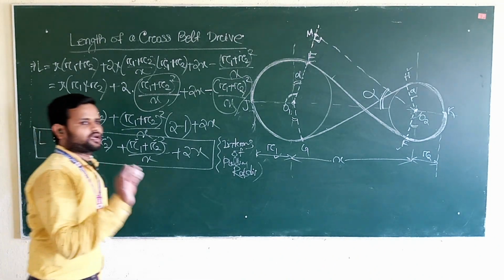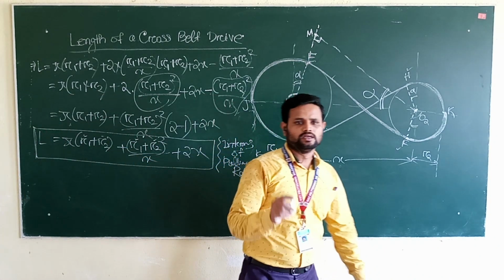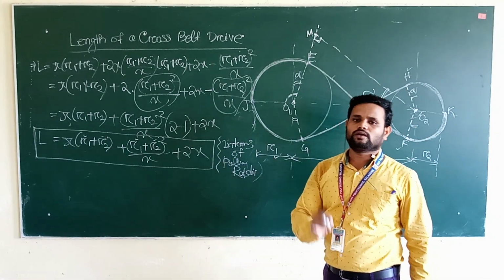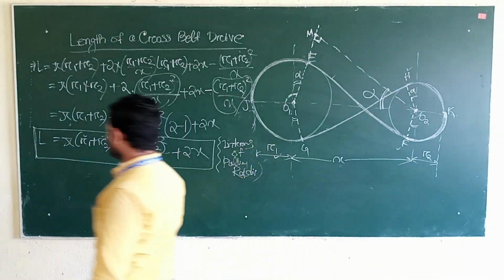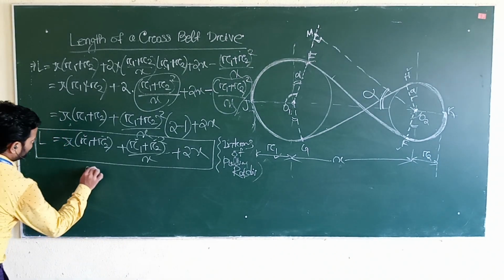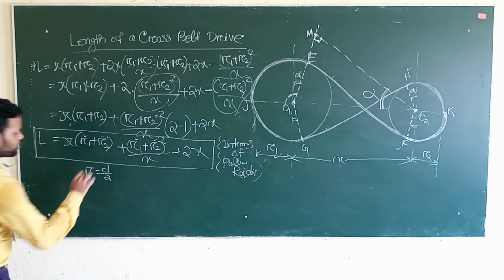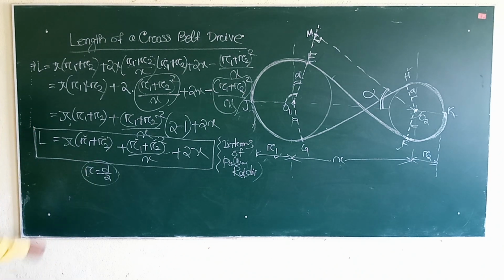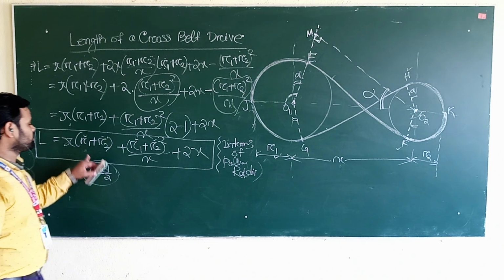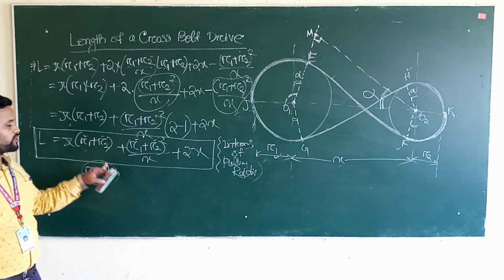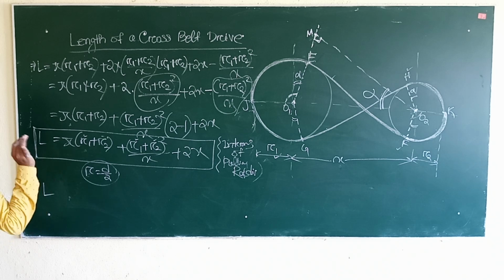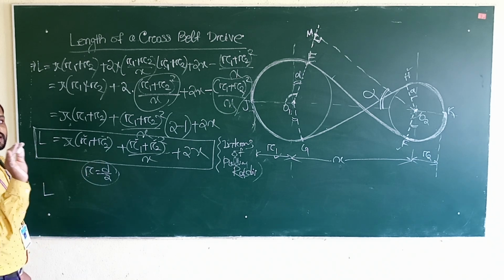Now if the question asks what is the length of a cross belt drive in terms of diameter, then we know that radius equals diameter by 2. So in place of radius we can write diameter by 2. So for the larger pulley it is r1 and d1, for the smaller pulley it is r2 and d2. So now we can write the equation in terms of pulley diameter.